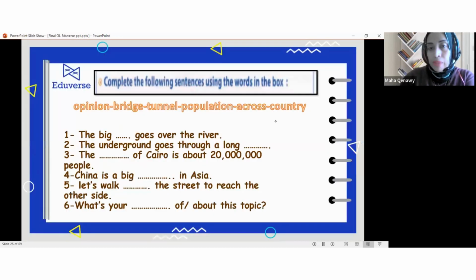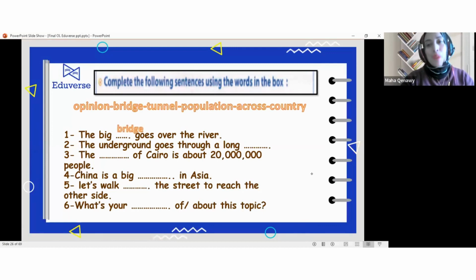Unit 8, vocabulary and expressions and prepositions. Opinion, bridge, tunnel, population, across, and country. Number 1, the bridge goes over the river, so you can cross the river.